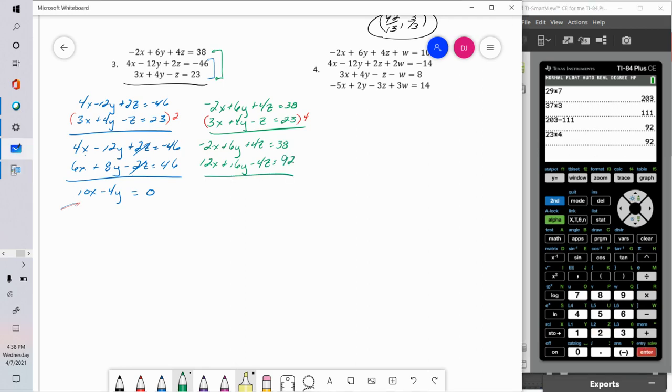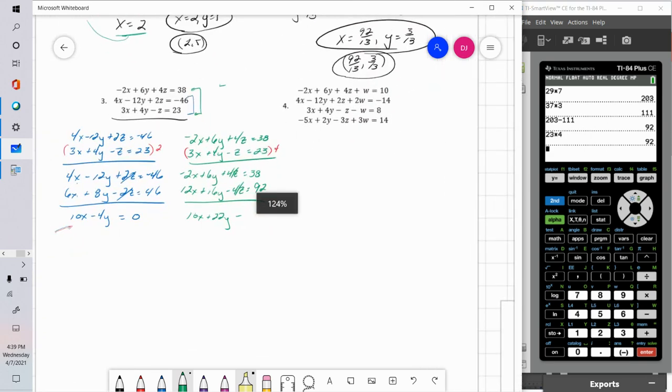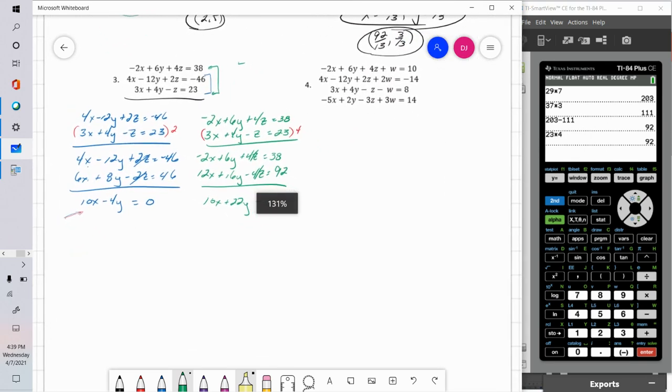Now when I add these two equations together, the negative 2x and the 12x will add to give me a 10x. 6y and 16y is 22y. 4z and negative 4z add up to 0. 38 and 92 is 130.